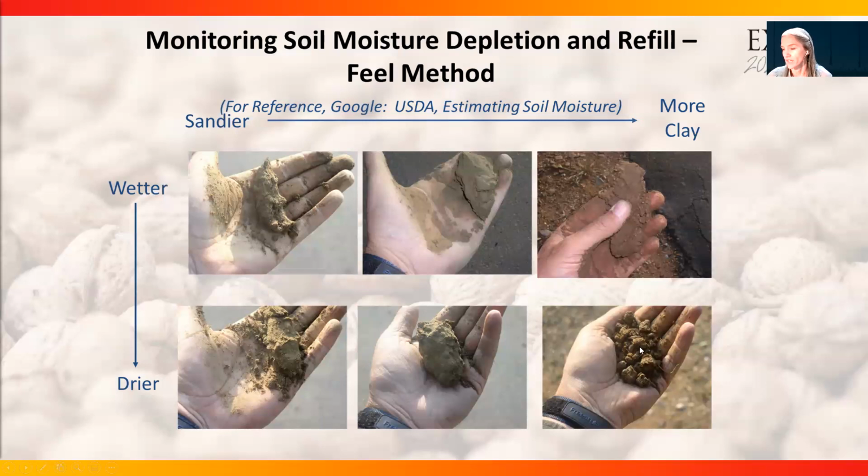In heavier clay soils, we'll be able to form a ball, but it won't flatten with pressure, and it seems to break apart easily. Again, we won't have a lot of residual soil left on our hand. Our hand stays clean. These are good indicators that you can calibrate for yourself: this is what the soil is like after irrigation, and this is what it is like maybe 4 days after irrigation. So it's a good guideline to say, is it time to irrigate or should I wait?